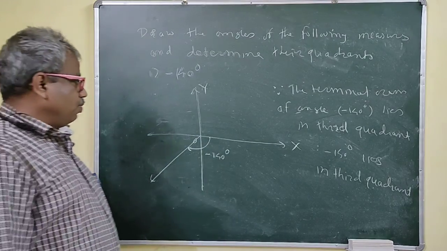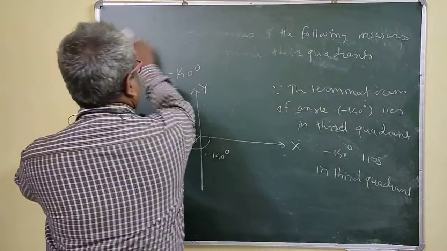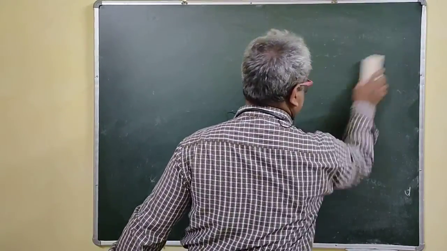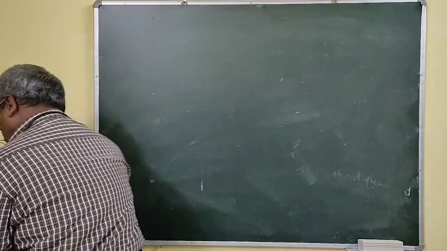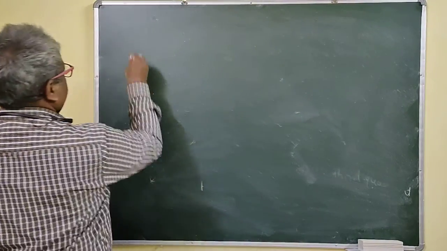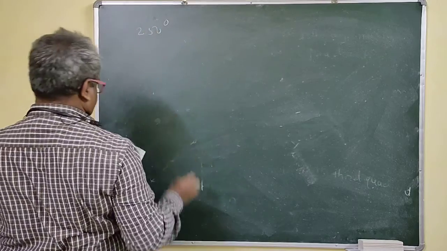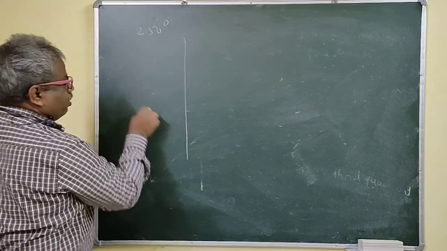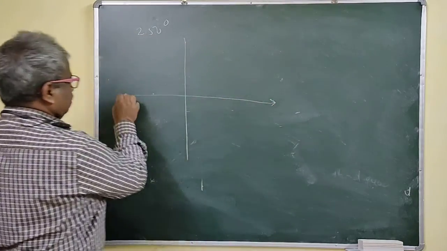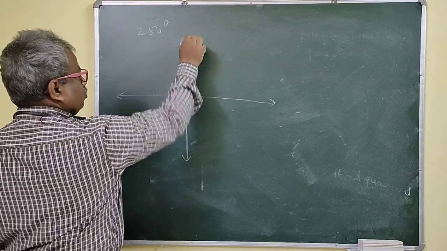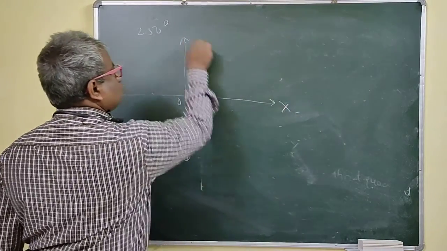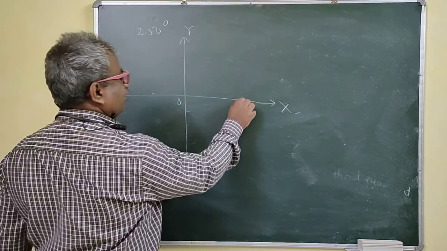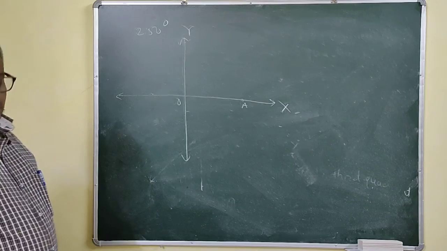Okay, so we'll take the next problem. 250 degree. Easily you can draw the figure now because it is less than 360. So we'll take A here somewhere. Now 250 degree.